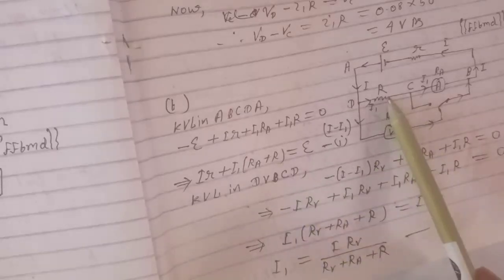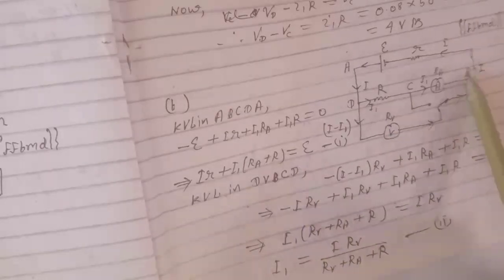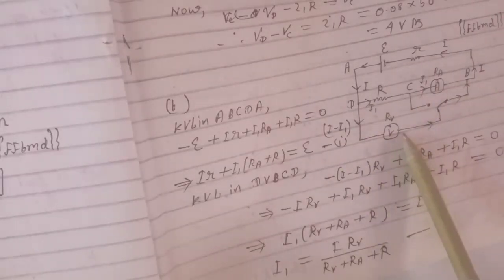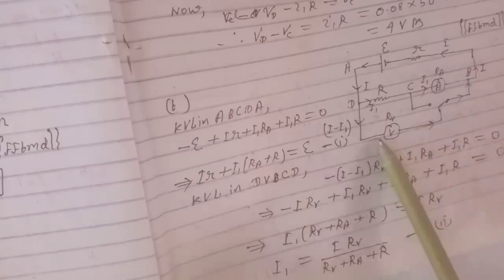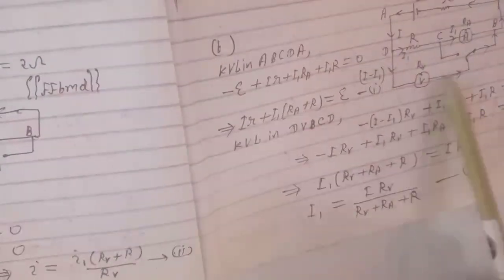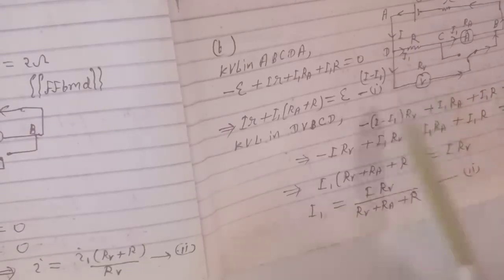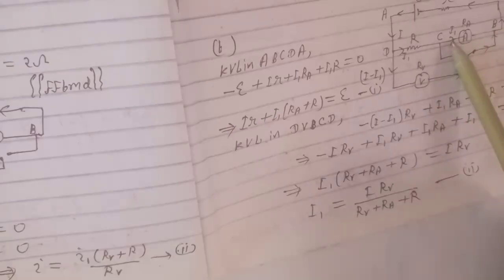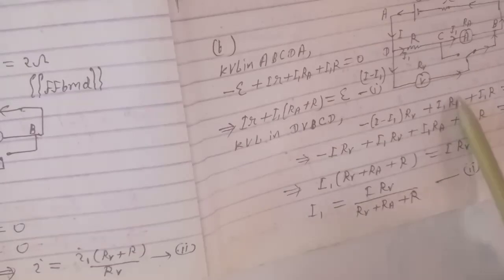And KVL in DVBCD, in this loop: higher minus lower is positive, so RV into (I minus I1). Then lower minus higher, because we are going from higher to lower, so minus of (I minus I1) into RV. Higher minus lower positive: I1 into RA, again I1 into R equal to 0.